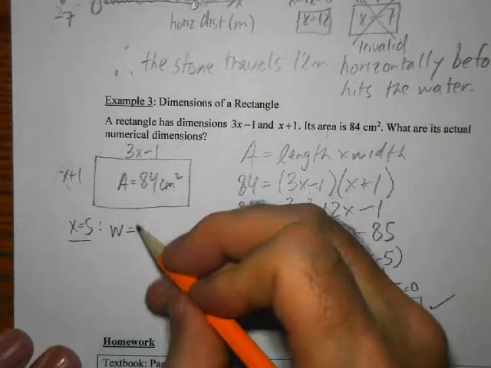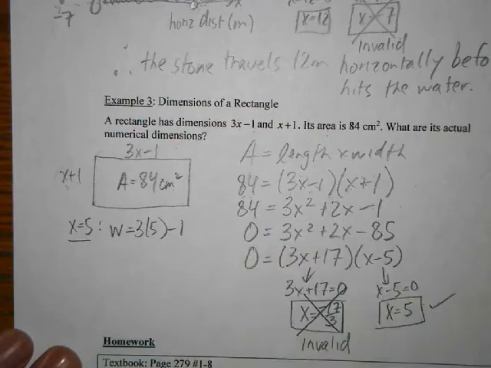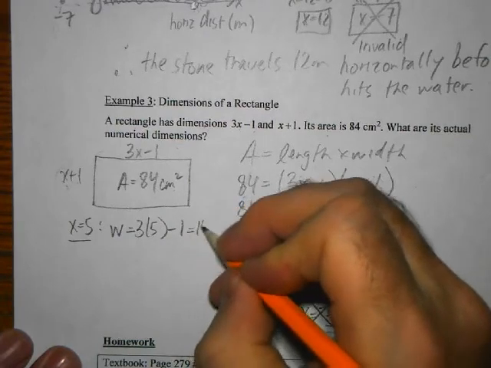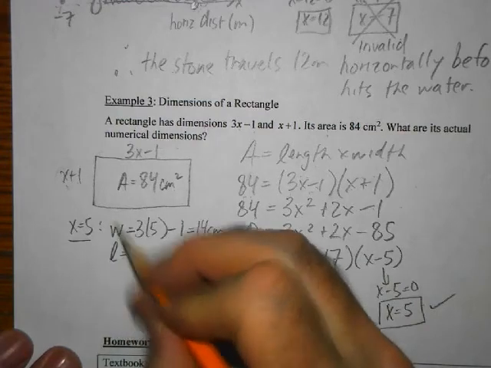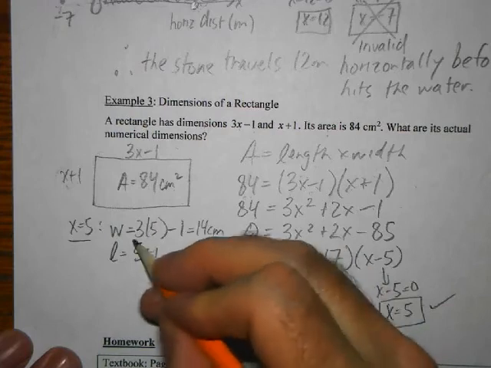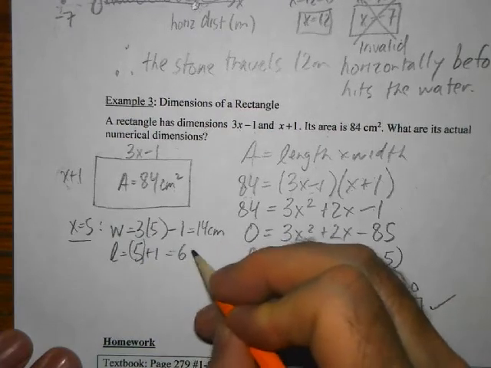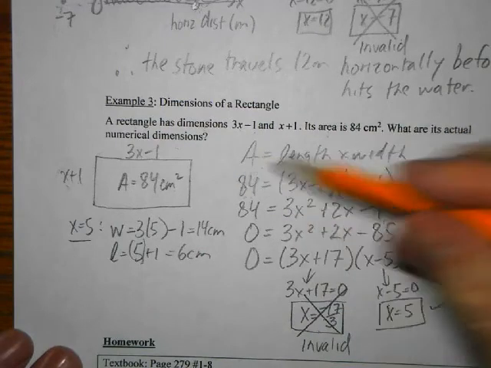So the width is 3 times x, which is 5, minus 1, equals 14 centimeters. We just did that, but I'm formalizing it. The length is equal to x, which is 5, plus 1, which is 6 centimeters. Okay, and that's what the question says. What are its actual dimensions?